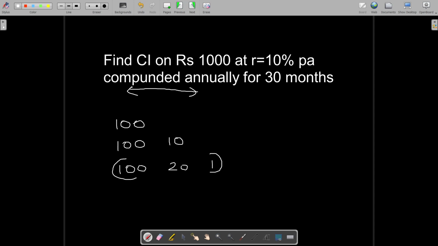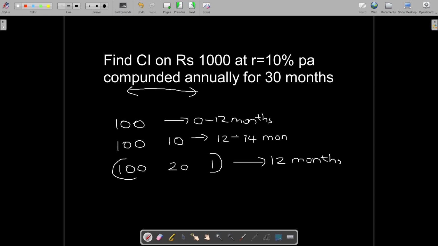But you don't need the full value here. This is for the first 12 months, 0 to 12 months. This is for the next 12 months, 12 to 24, sorry.